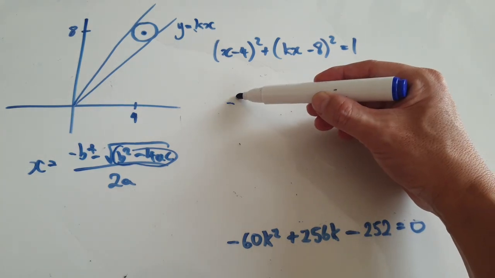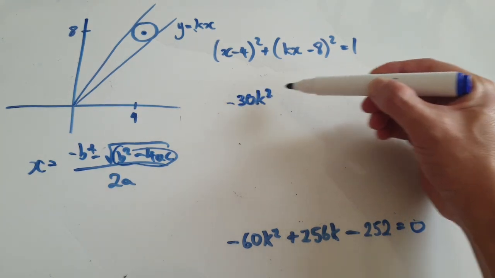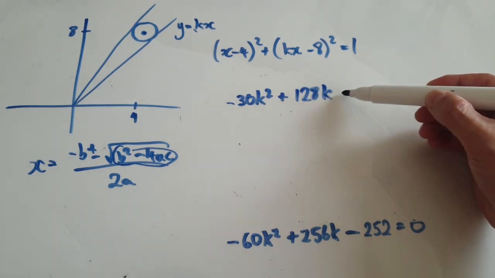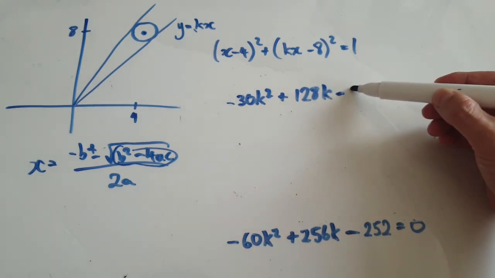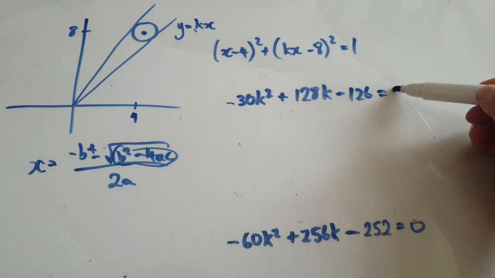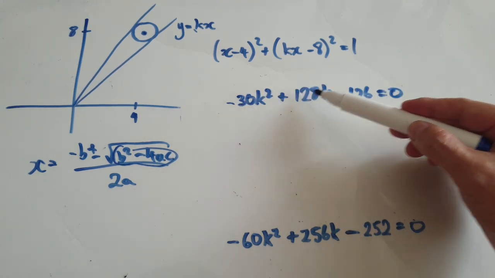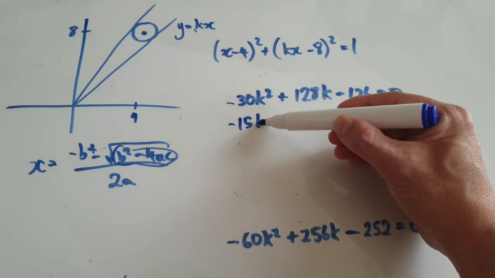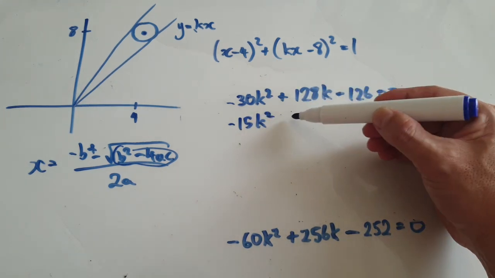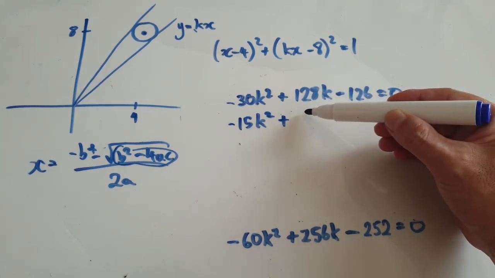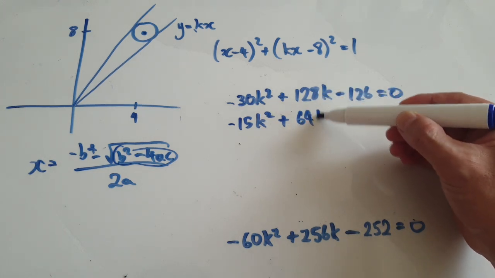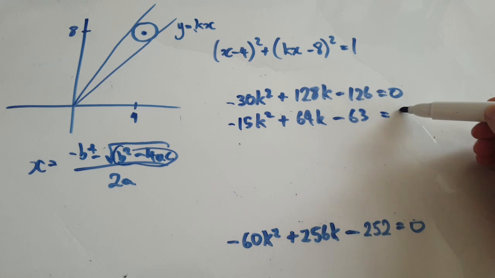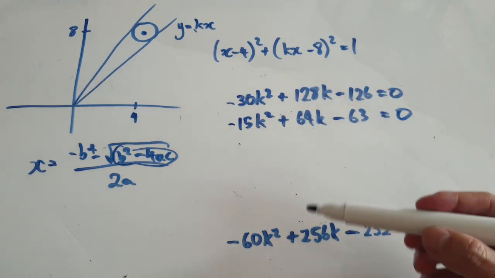So that would be minus 30k squared plus 128k minus 126 equals 0. Even numbers, let's divide by 2 again. We should have divided by 4, but anyway, that would be minus 15k squared plus 64k minus 63 equals 0. Now it becomes simpler to work with.